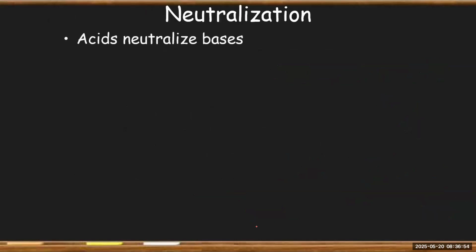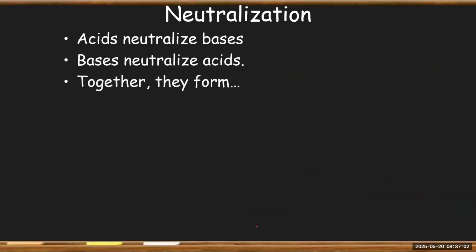Neutralization. We know what neutralization is. Neutralization is when acid neutralizes base, or base neutralizes acid. I've briefly touched this when we covered types of chemical reactions. But now that you understand how to identify an acid and a base, you understand that an acid and a base will always form salt and water.